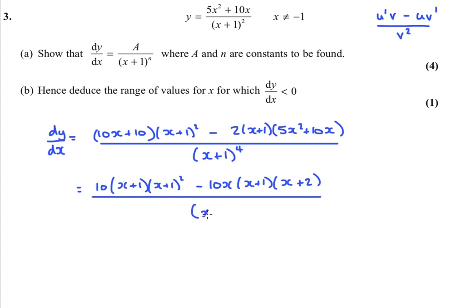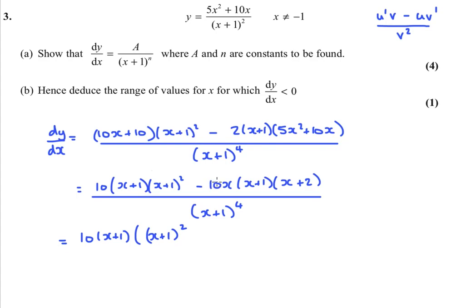And if you notice now, there's an x plus 1 term in both of these. So I can take a 10 bracket x plus 1 out as a factor of the whole of the top. So that's come out of here, which will leave me just with x plus 1 squared.